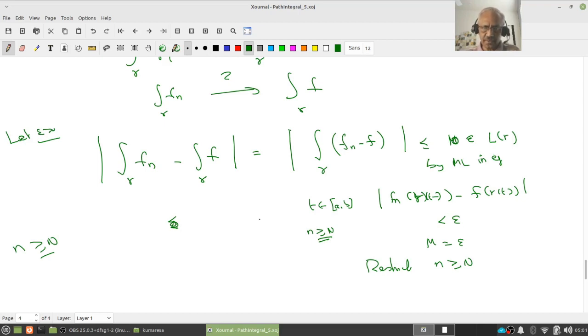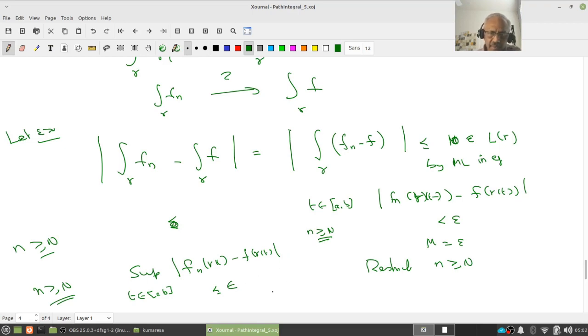So I have the supremum of modulus fn of gamma t minus f of gamma t, where t lies in the interval [a, b]. Do I know how to estimate this? Yes, if n is greater than or equal to capital N, then this is less than epsilon, or less than or equal to epsilon if you want. No problem, right? Therefore, my M I can take to be epsilon.